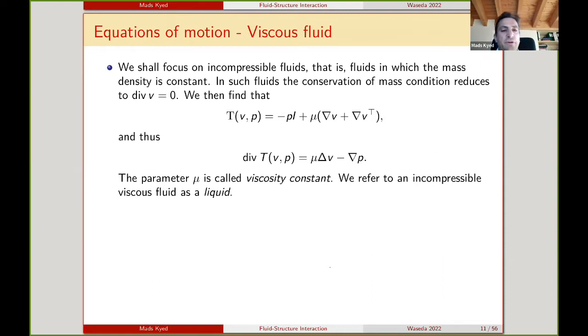Anyway, so as we often do in fluid dynamics, we focus on incompressible fluids by considering density constant, and in this case, the conservation of mass condition reduces to the solenoidal condition, so that our velocity field V is divergence free, or solenoidal, and in this case our shear stress reduces to a constant times the symmetric part of the gradient of V, and we end up with the stress tensor you see here.